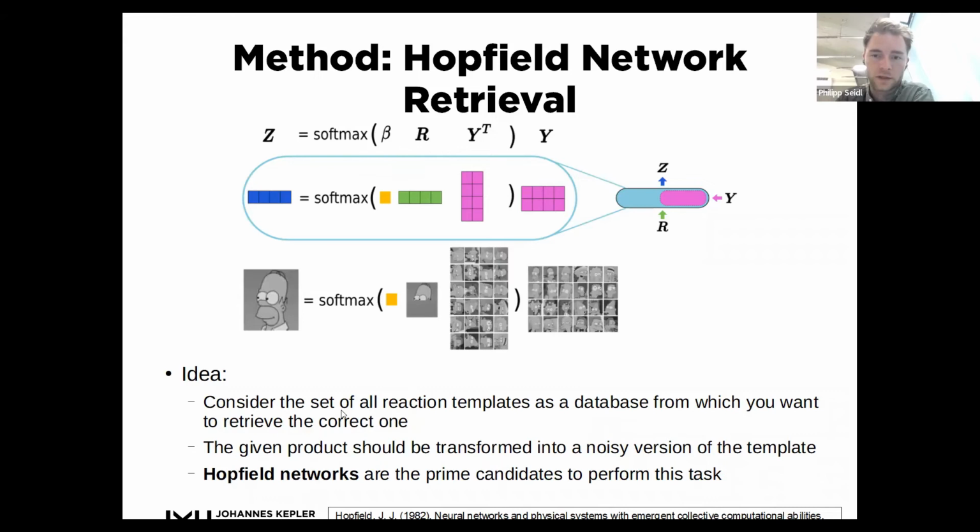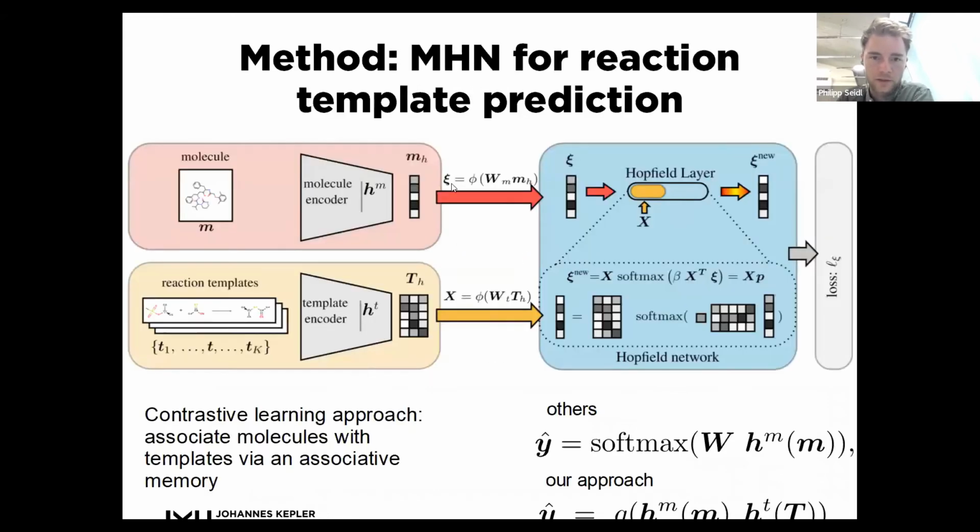What ends up happening is that we learn an association space. The association space is the space in here where we have X transpose Xi. So we learn a space where the similarity between molecules and templates is such that we select the templates which are most applicable, most relevant, sorry.